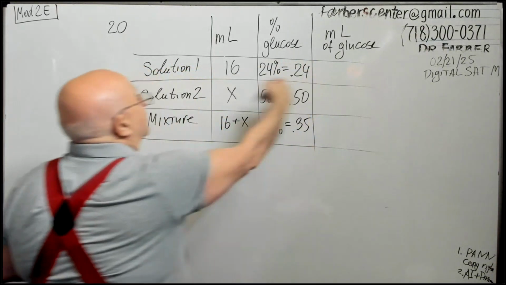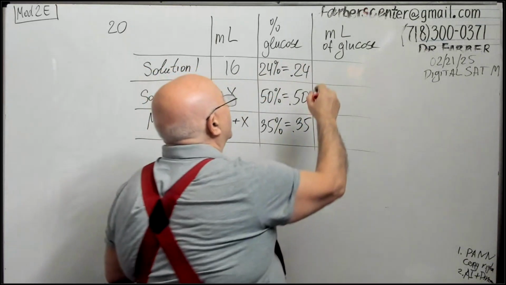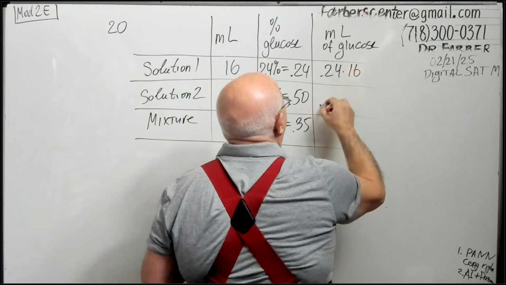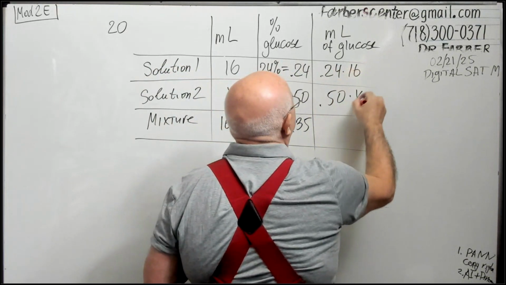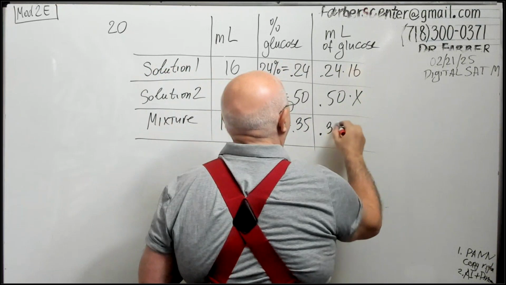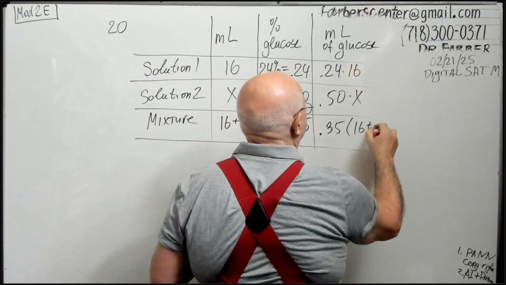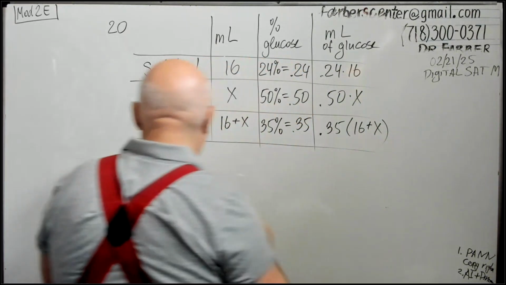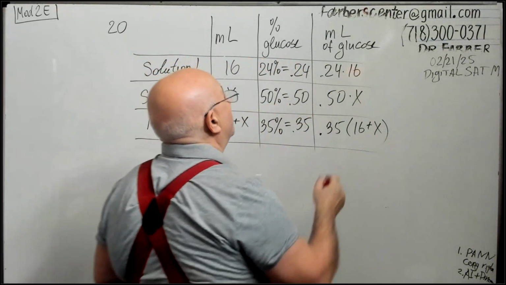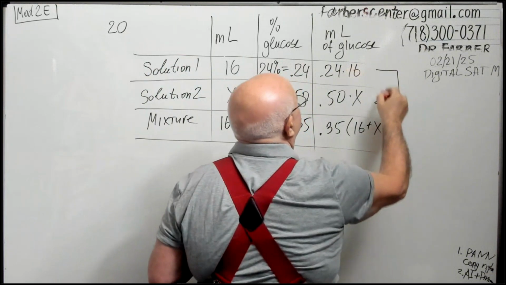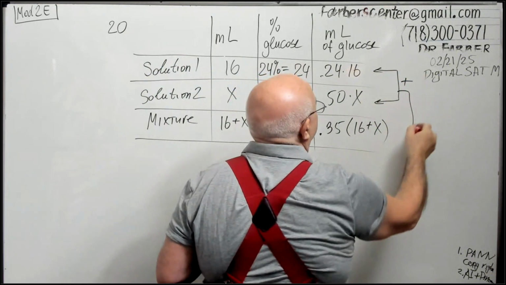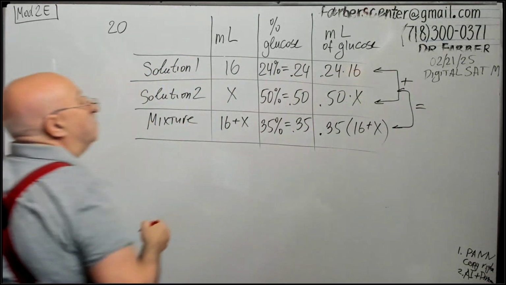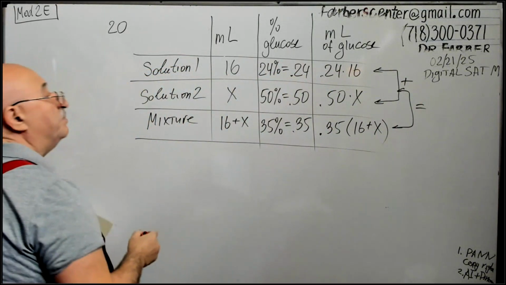And this column is always the product of these two: 0.24 times 16, 0.50 times X, and 0.35 times (16 plus X). If you combine these two ingredients together, you get this one. And you can write this equation.